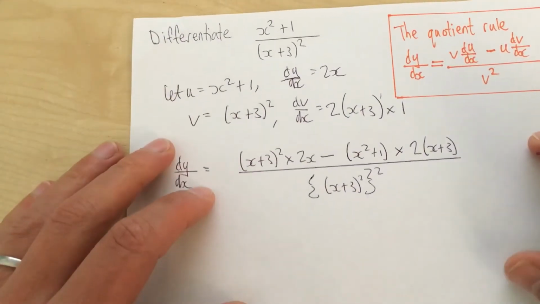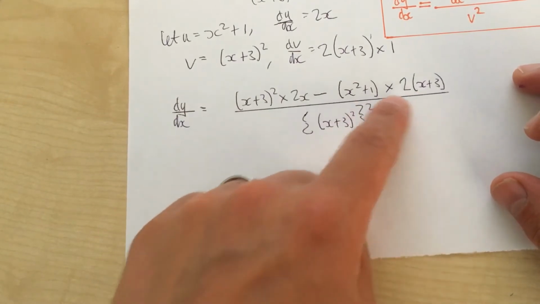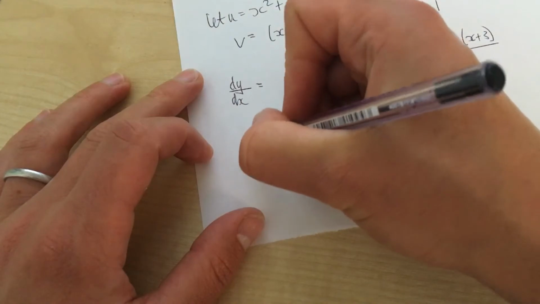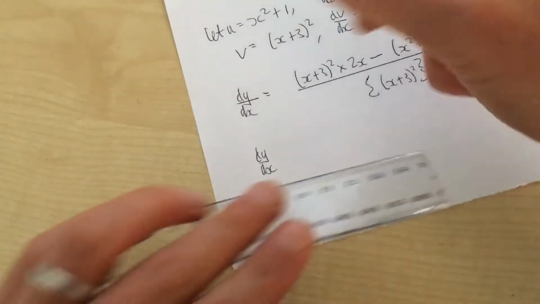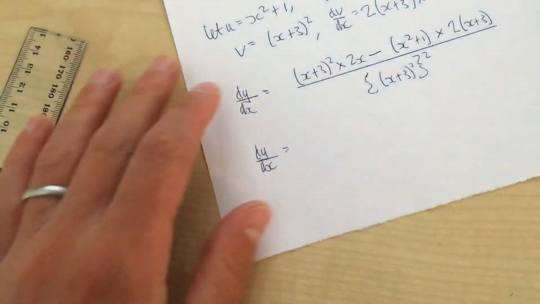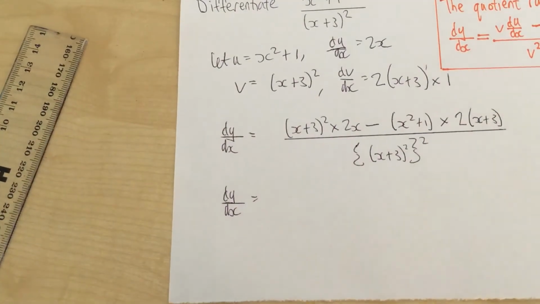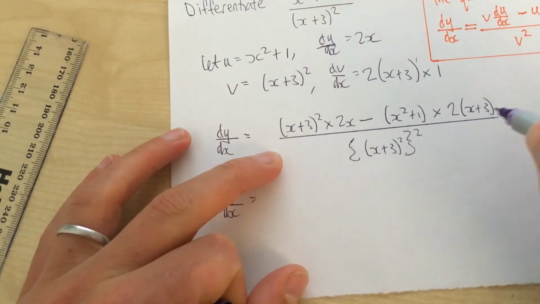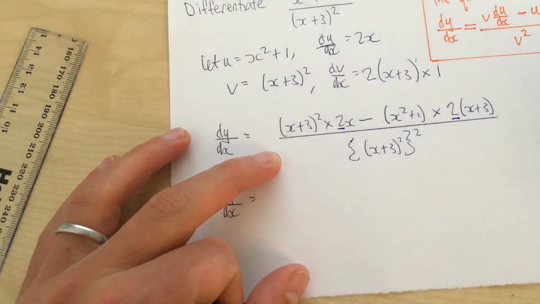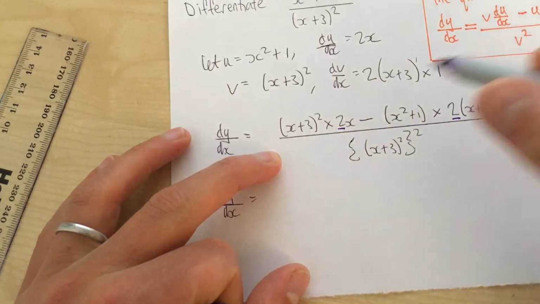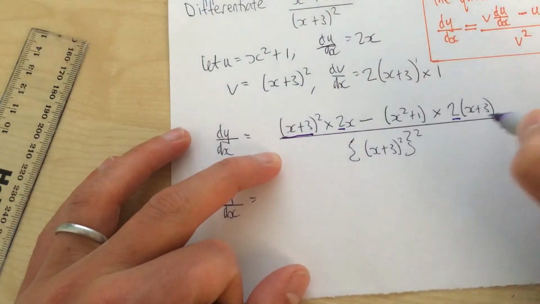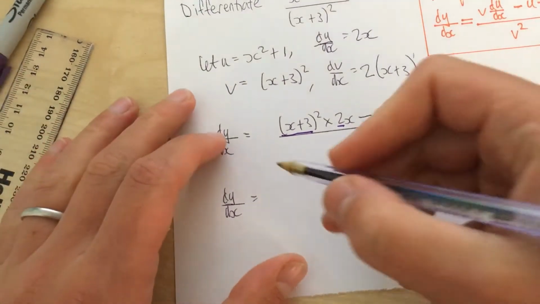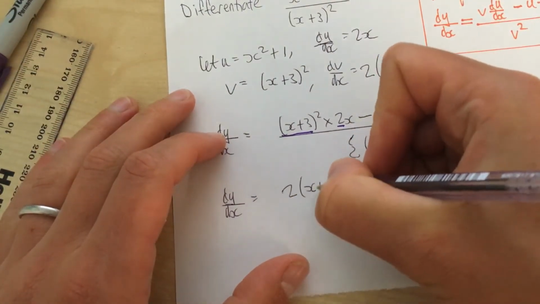Well, let's tidy this up. Now to do that, I'm going to look for common factors in the numerator. I can say dy by dx equals, and let's have a look for some common factors here. So I've got this term and I have this term here, and in common I've got 2 as a common factor of both of those, and x plus 3 is a common factor also. So if I take that factor out, that's 2 lots of x plus 3.